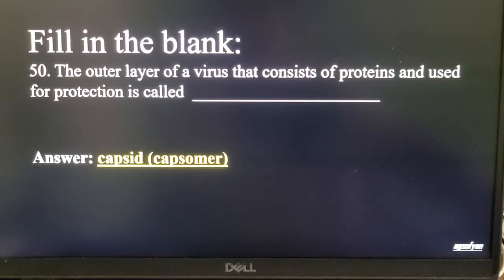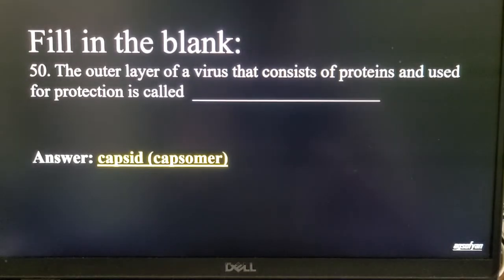So every virus will have a capsid made of capsomers that protect the virus. Remember, all viruses will have a capsid and nucleic acid, whether DNA or RNA. These are the two main components of viruses.